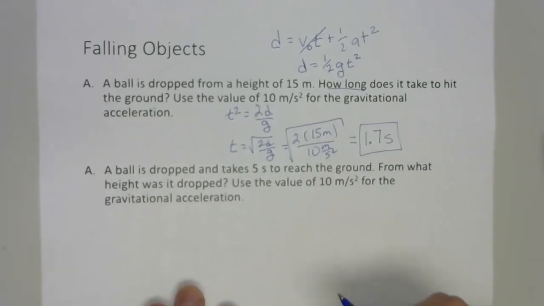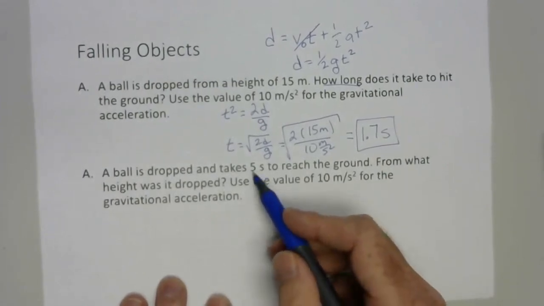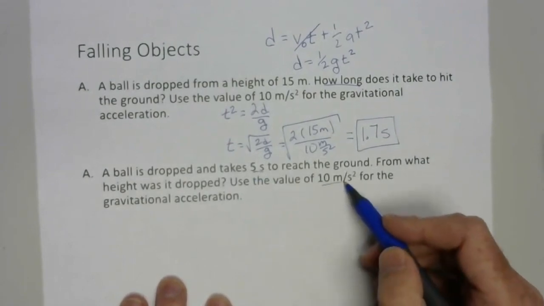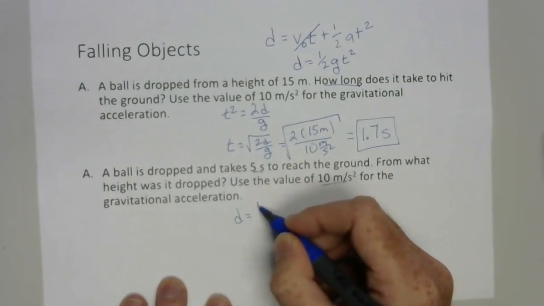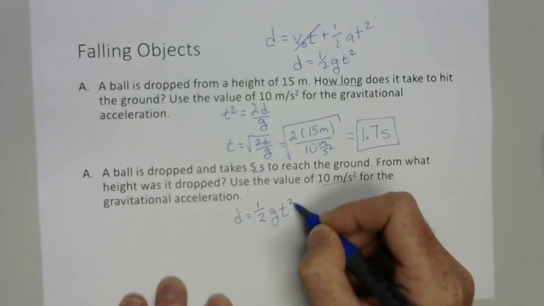Now, reversing that, this next one asks for the distance, so it takes 5 seconds to reach the ground. So you've got the time, you've got the gravitational constant, you want the distance. So we really don't have to do much algebra in this case. 1/2 gt squared.